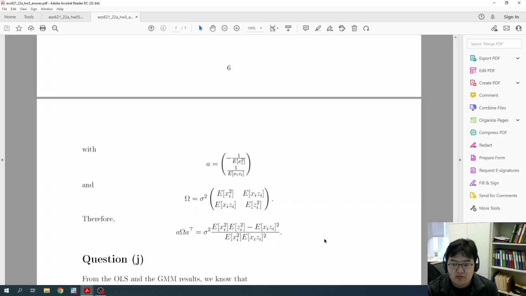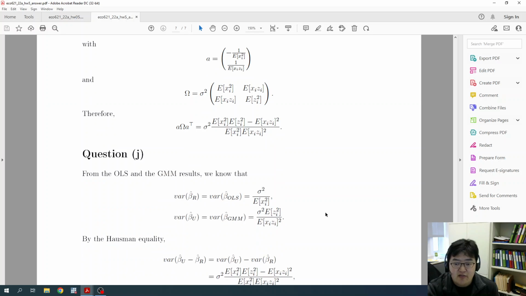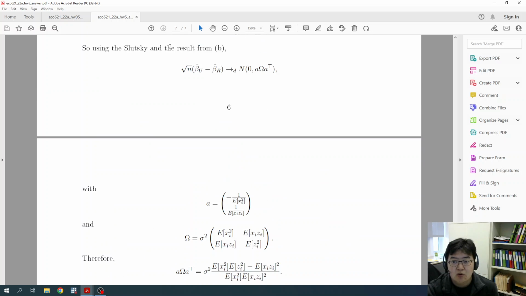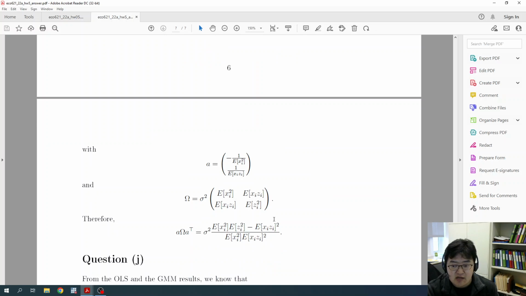This is also similar to what we derived in the Wald test statistic. Then we calculated the variance of beta u minus beta r, and this is the asymptotic variance.